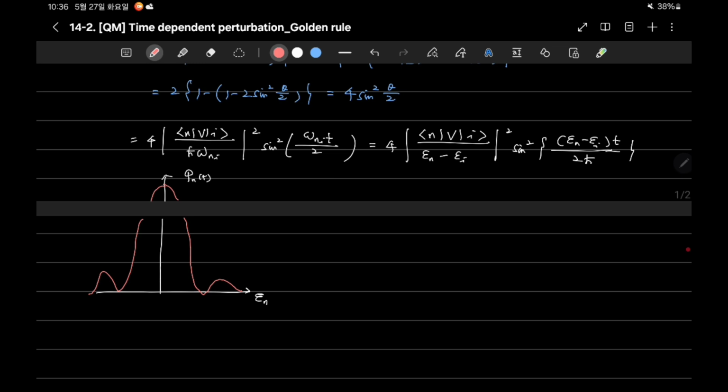Then the absolute value decreases like this.